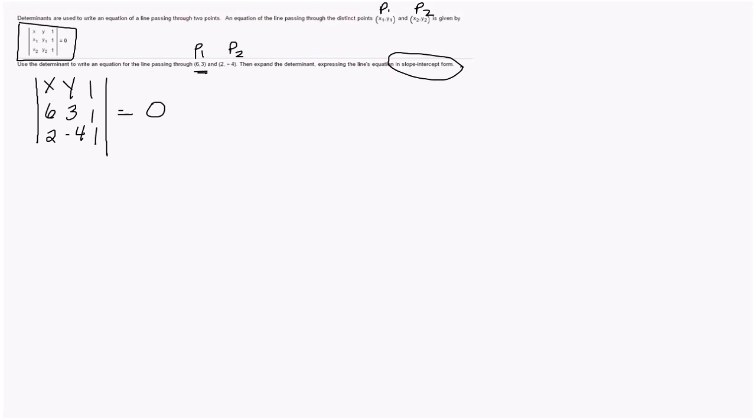So what we're going to do is use this first column here, x, 6, and 2. Those are going to become our minors. So we're going to expand this out.